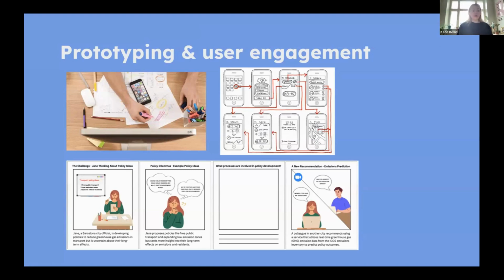So in this case, we were working with the desire for policymakers to have a service where they can compare different policy ideas. So for example, they have a system, I'm thinking of making public transport free, or I'm also thinking about having low emission zones in my city.